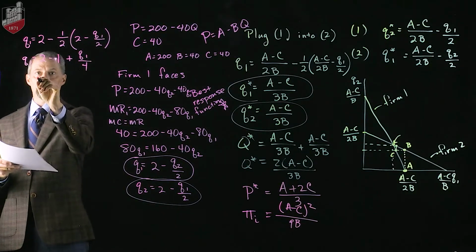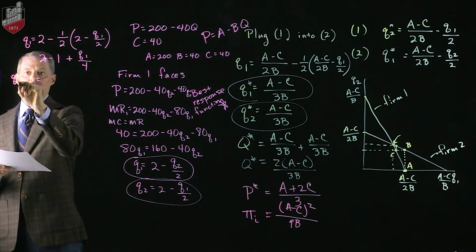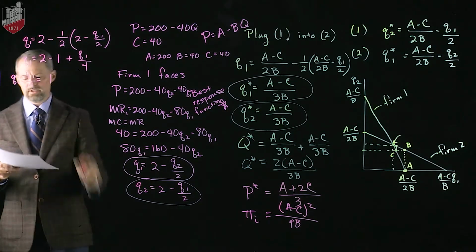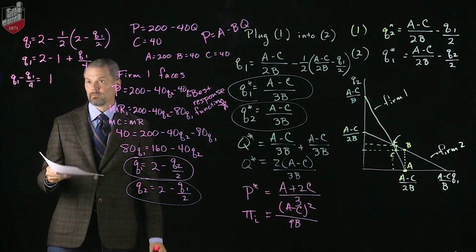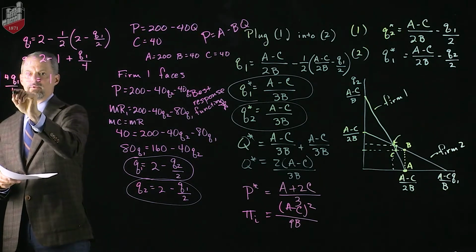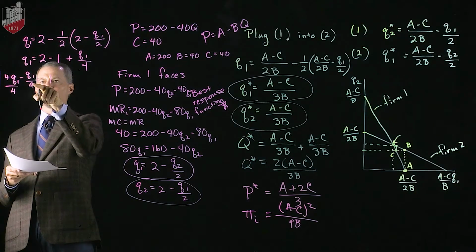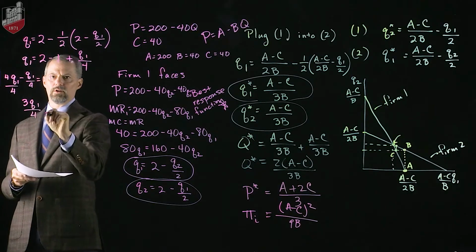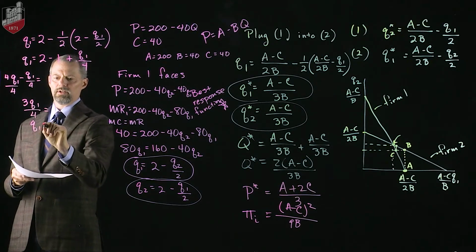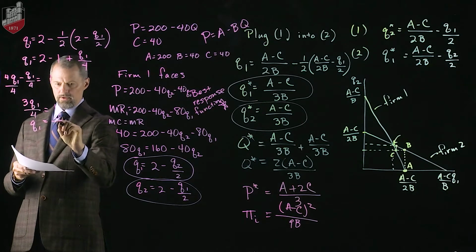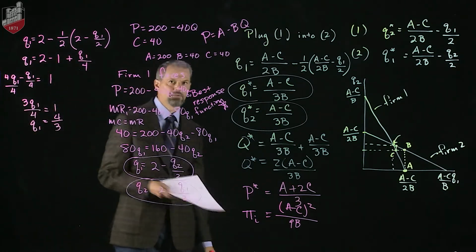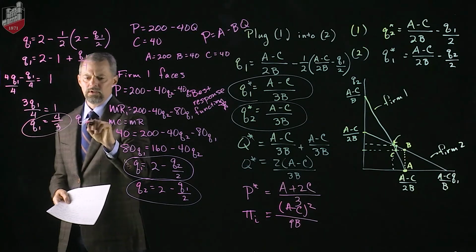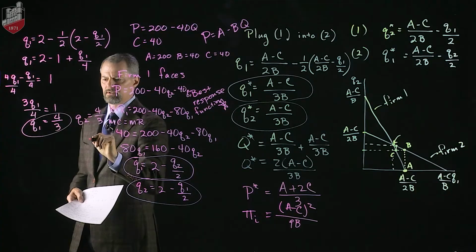So I get, let's say, Q1 minus Q1 over 4 is equal to 1. That's 4Q1 over 4 minus 1 of them, which is 3Q1 over 4, equals 1. Q1 equals 4/3. The algebra is not hard. That means that Q2 is also equal to 4/3.